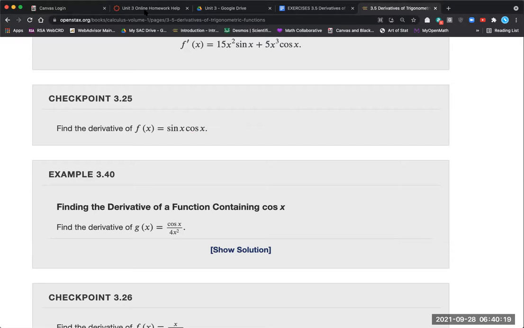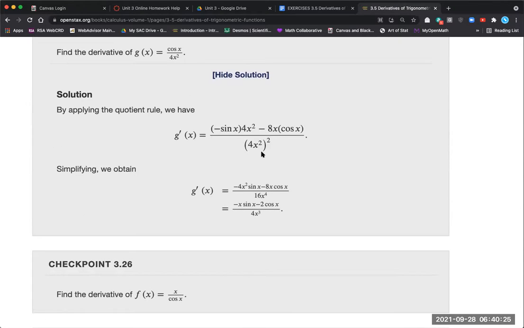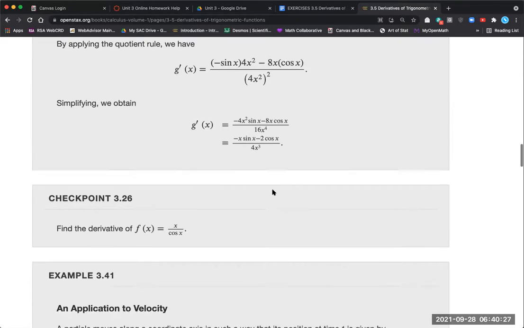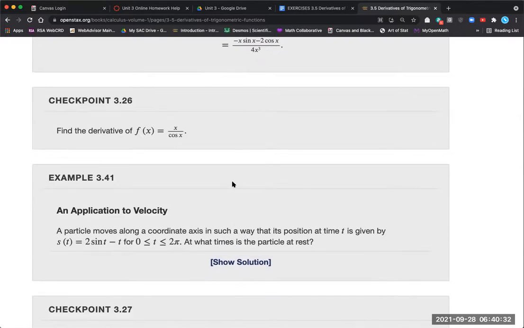And so you can continue on looking at the different examples here. This would be a quotient rule, and then you would apply it. Apply the quotient rule there. One more thing to show you. Depending on what resources you're using, you'll see that some people are going to use the quotient rule on this.